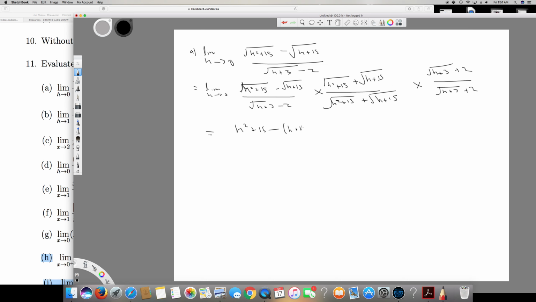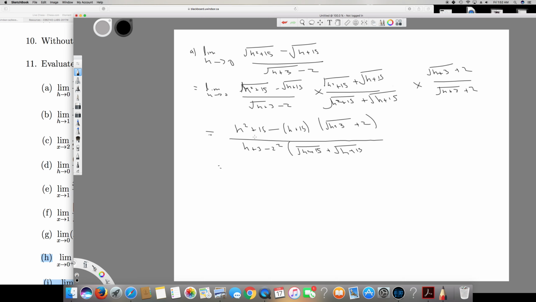It's going to be h plus 15, and we have to multiply the whole thing by square root of h plus 3 plus 2 and divide by, so if I expand this one, it's going to be h plus 3 minus 2 square, and the whole thing will multiply by square root of h square plus 15 plus square root of h plus 15.